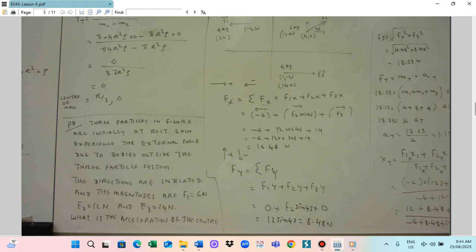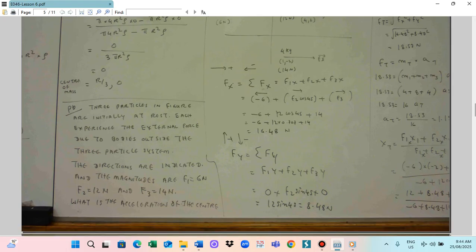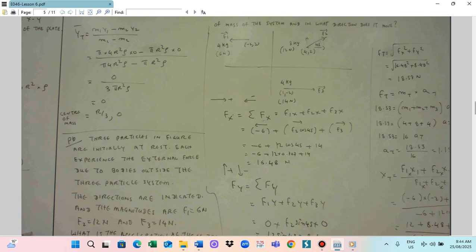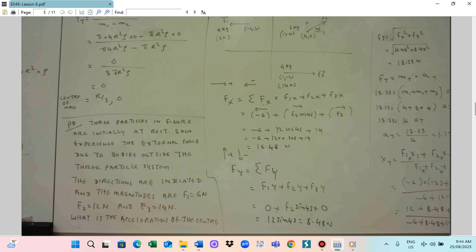And another one is Fy. Okay, Fy we also calculate. Fy is the summation of Fy. In this case, this direction is positive, this direction is negative. So summation of Fy is equal to F1y plus F2y plus F3y. F1y is a horizontal force, so it has no y component, so 0.